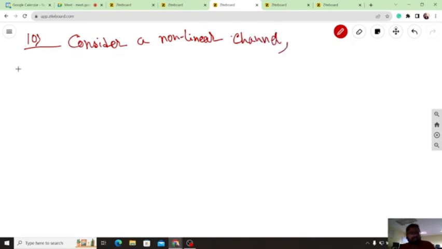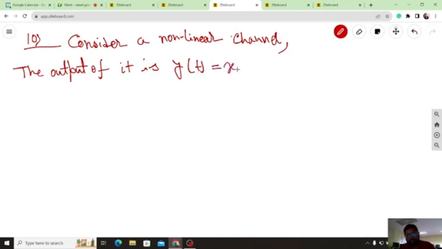and the output of this nonlinear channel, y of t, is a function of the input x of t in this form: y of t is equal to x squared t, and x of t is the input.